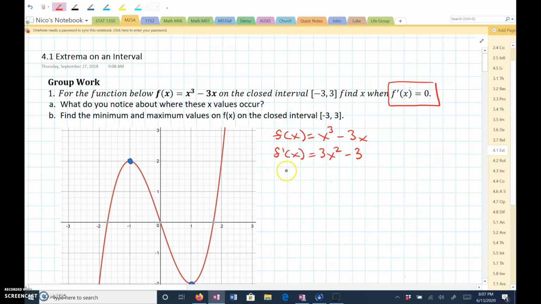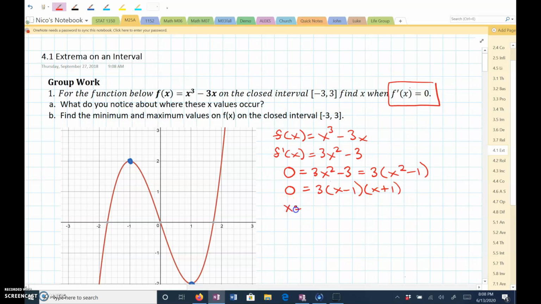And then what we need to do is take this derivative and set it equal to 0. And here you can see we can factor, so this would be 3 times x squared minus 1, which would be equal to x minus 1, x plus 1.